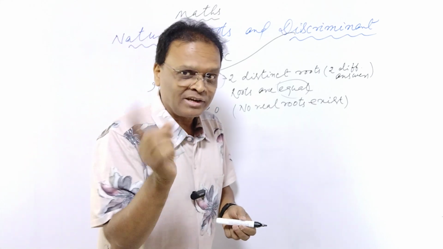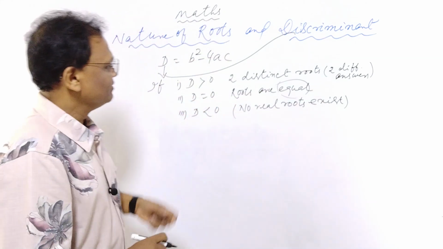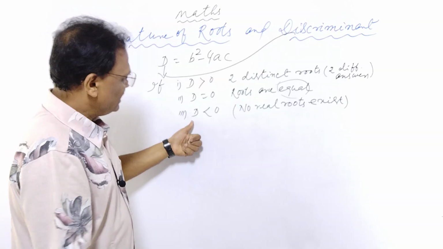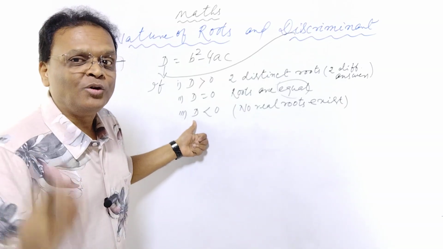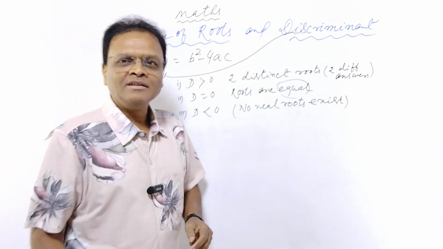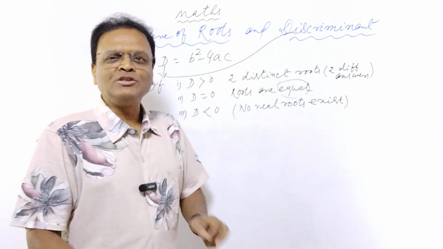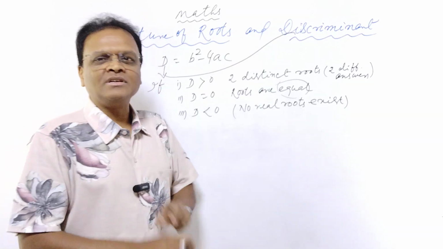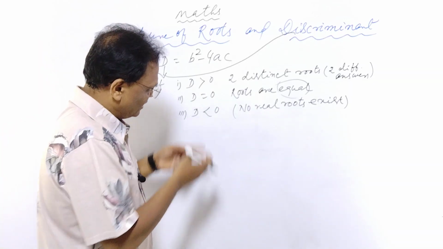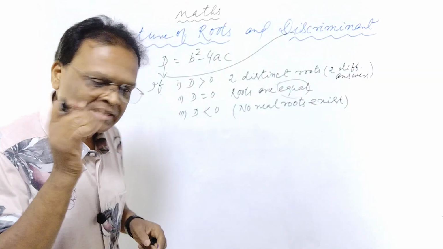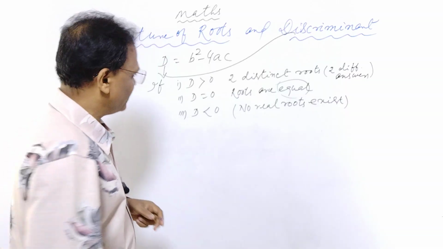Both the roots' x values must be equal. Here, right? If D is less than 0, stop doing the problem. Why? You can't find the roots. There is no real roots. Real roots doesn't exist. Now all these three, let me give one example for your clear understanding.